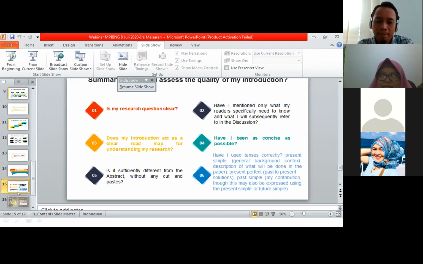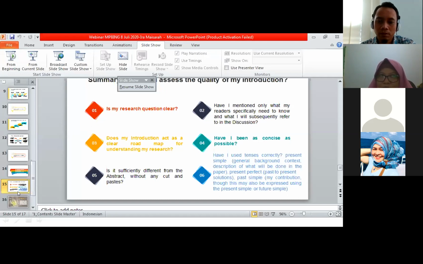So it serves as a guideline for the authors in finding the result later on. And also, have we mentioned some purpose that can guide the readers to see what we are going to reach in our thesis or dissertation? And also it has the roadmap.